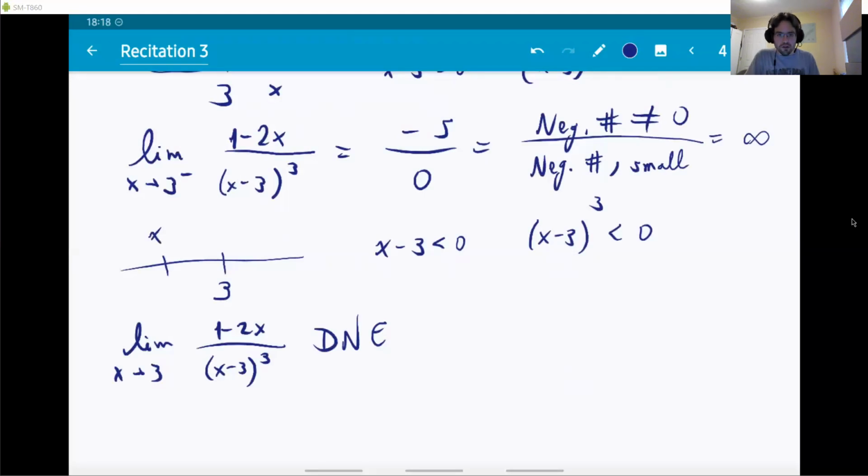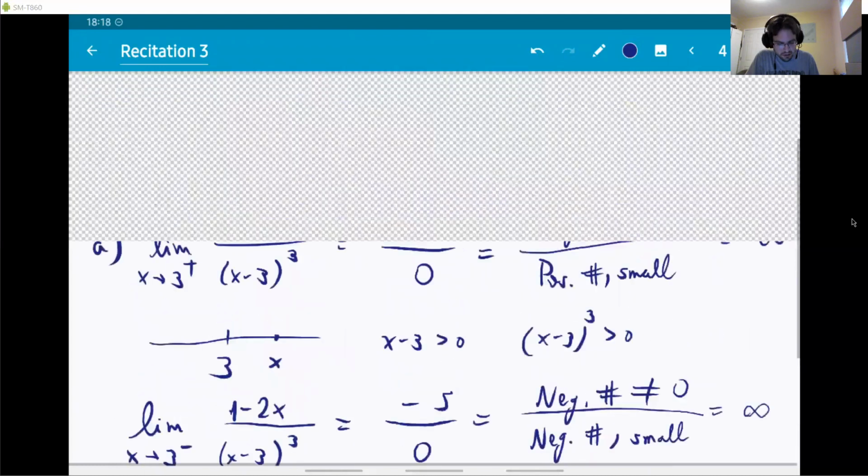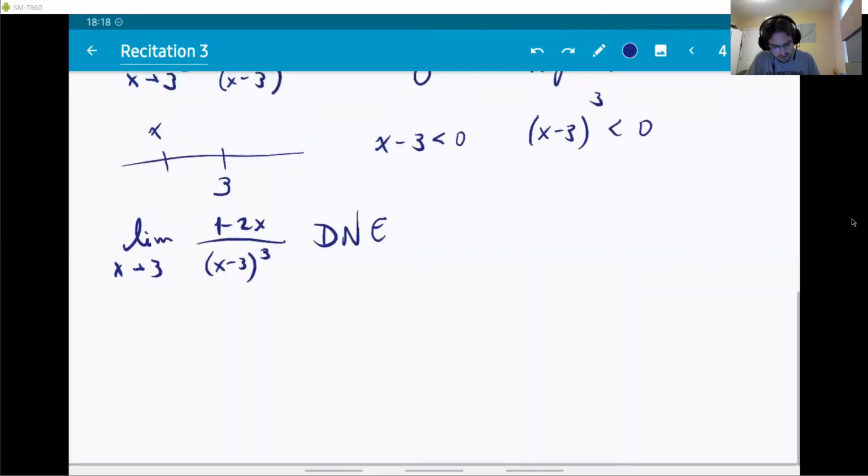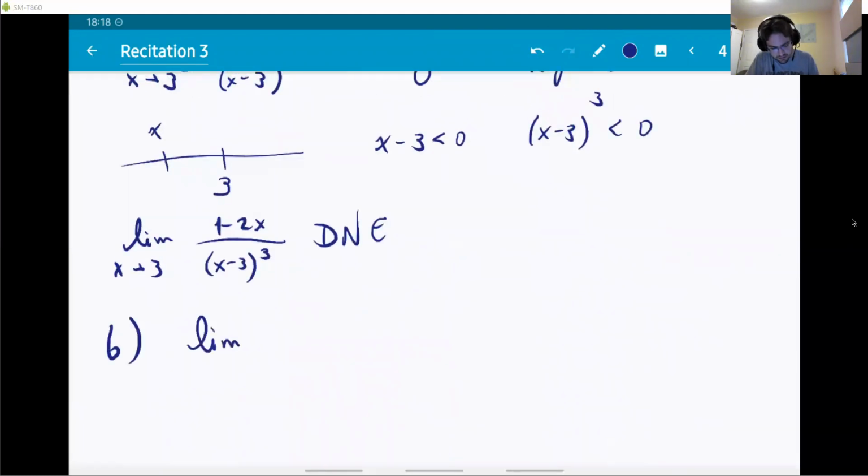Now let's contrast this to what's going to happen to item B, which I'm going to scroll up so we can see. The only difference, as I said, is this power 2 now. For B, one minus 2x over x minus 3 squared.